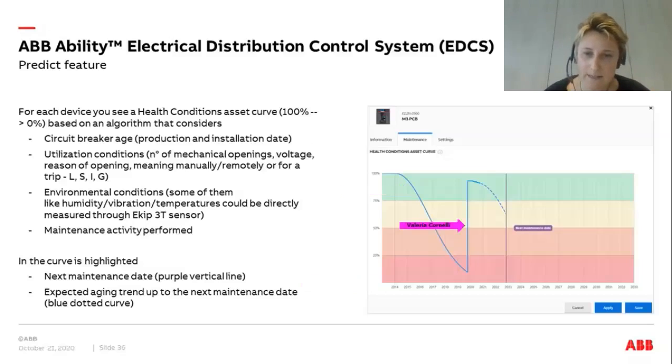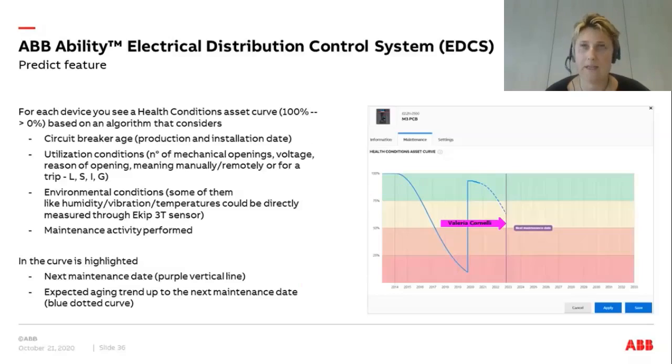Today we are exactly at this point where we have a continuous curve, but there is also a dotted curve that is the way we expect the product will behave from today to the next maintenance date, which is represented here with a vertical purple line.